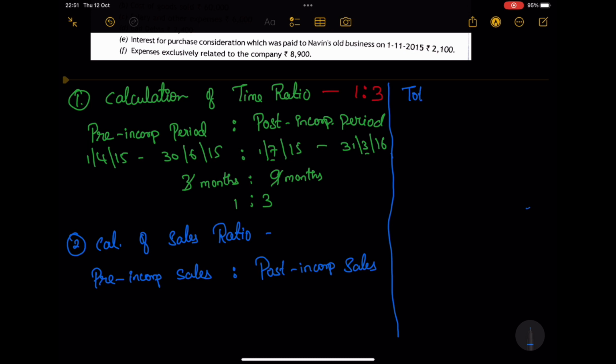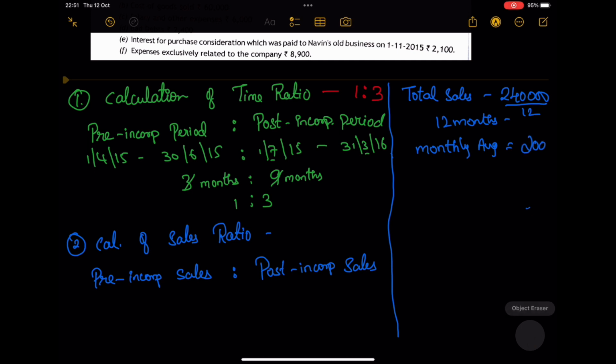So how much total sales have they given? Total sales 2,40,000, isn't it? If you divide it by 12 months, so 2,40,000 divided by 12, the monthly average sales will be 20,000.